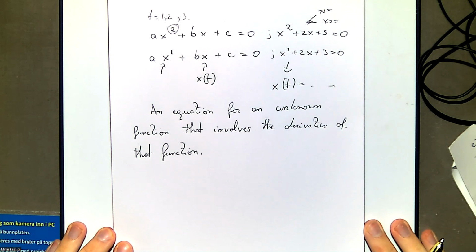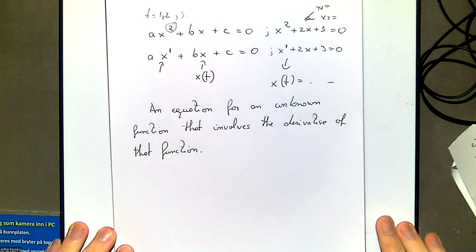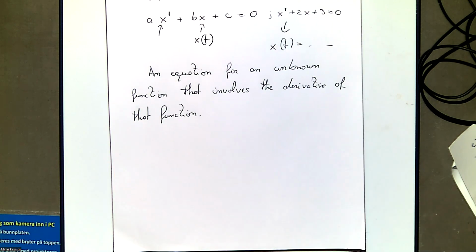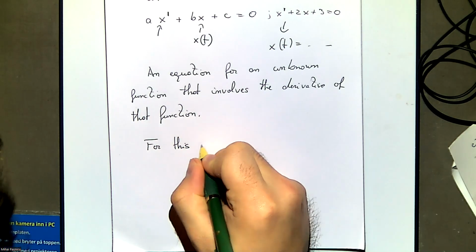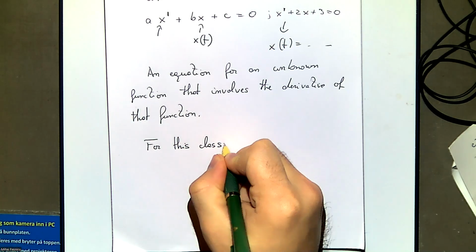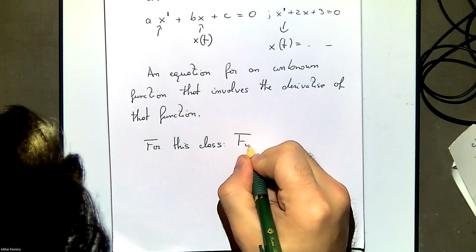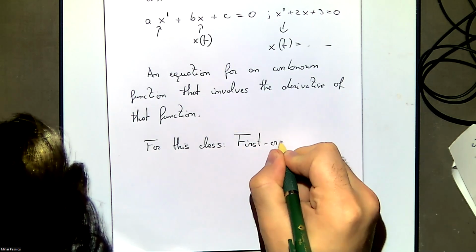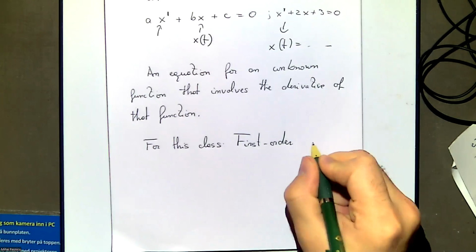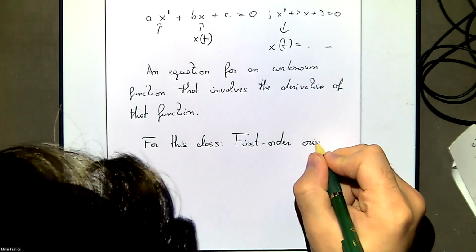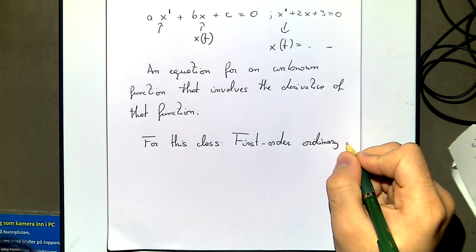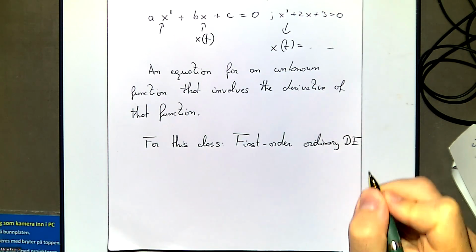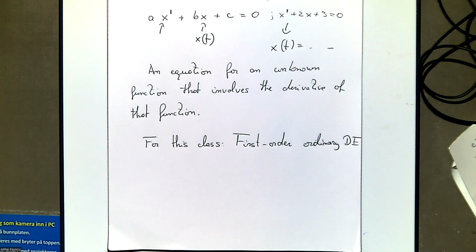Now, differential equations are notoriously hard, and they can be even unsolvable in most of the cases. But for this class, we are going to be solving first order ordinary differential equations. I'll just write D since I don't have time. Okay. Now let me explain what each of the terms means.